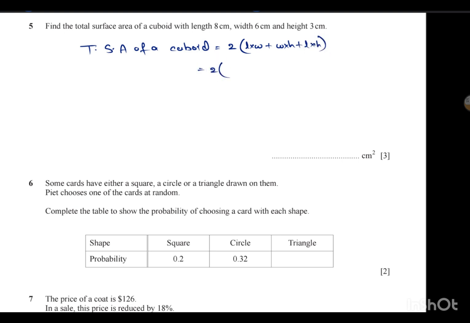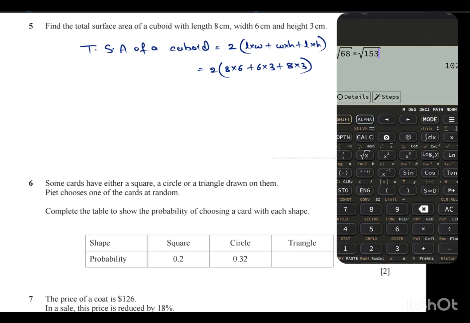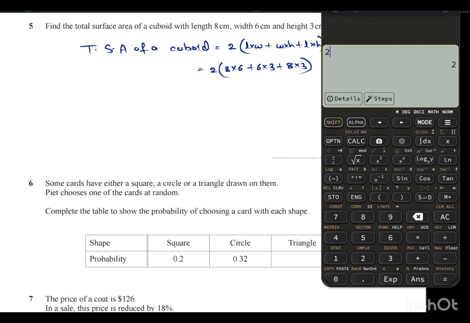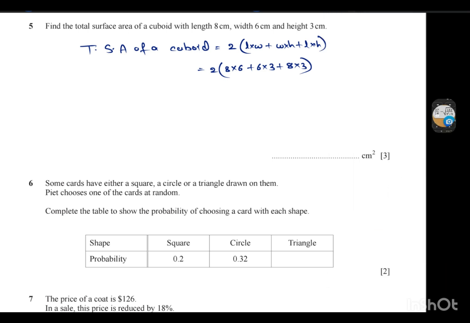So 2 into 8 into 6 plus 6 into 3 plus 8 into 3. Do it. 180. 180 centimeter square, because it is area.